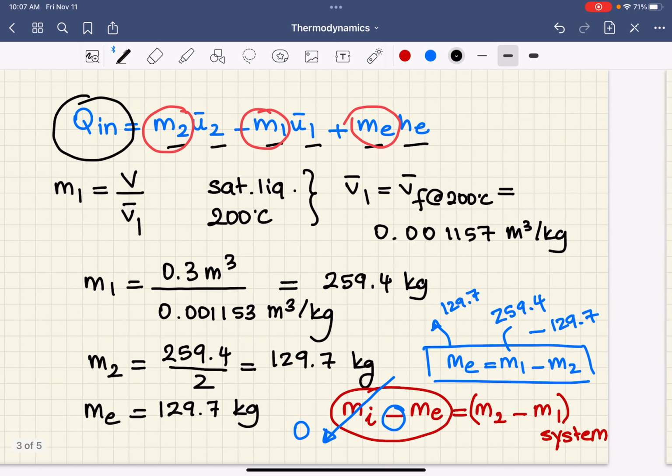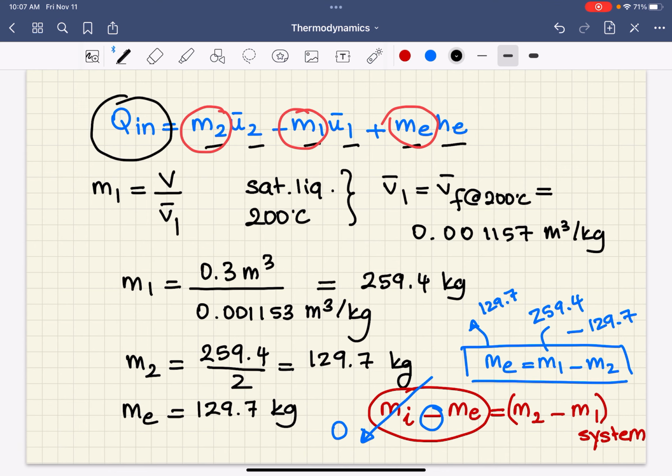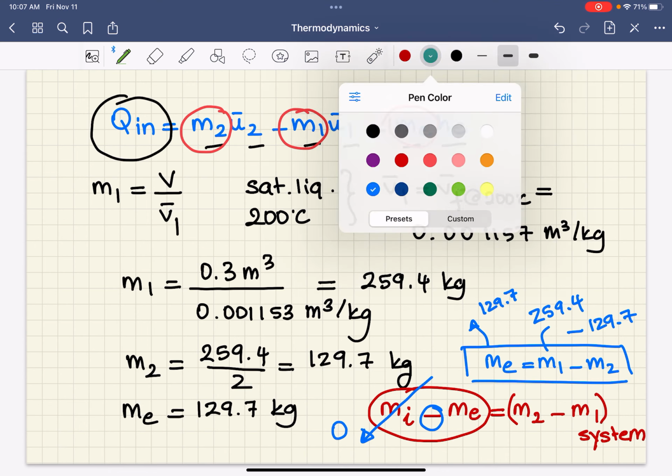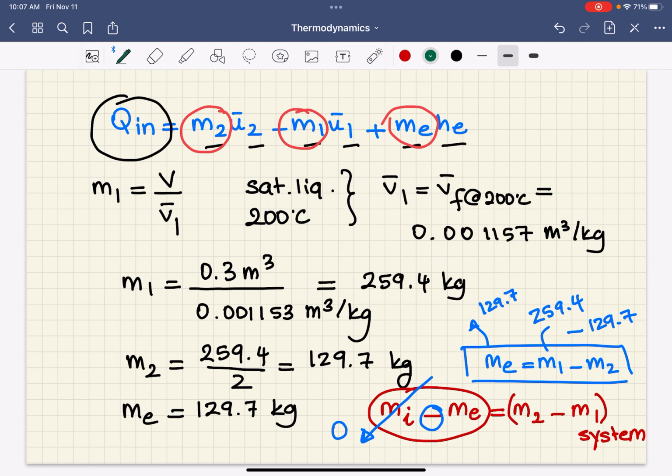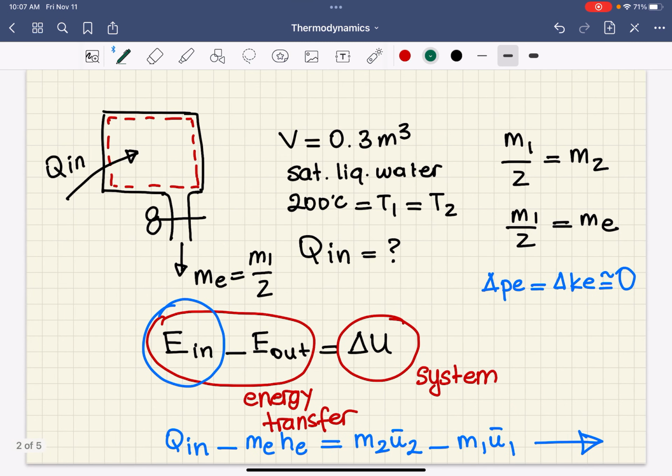Now let's take a look at what is left. Okay, so let's put another color here, green. And we know this, we know that, we know this. Now we know this, we know that. The only term remaining is exit enthalpy. To figure out exit enthalpy, you need to understand one thing: what is the state of the mass that is exiting our system?